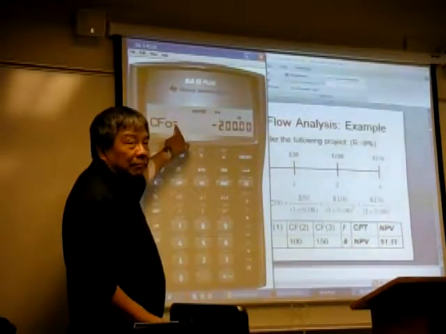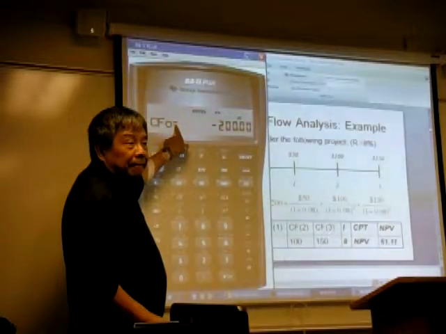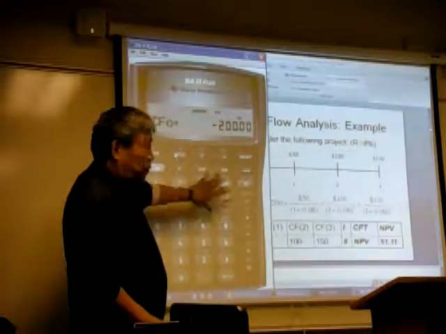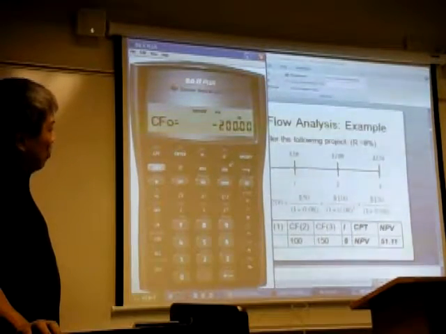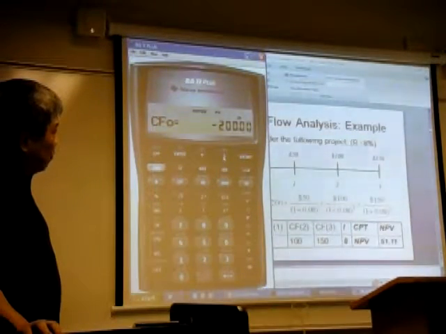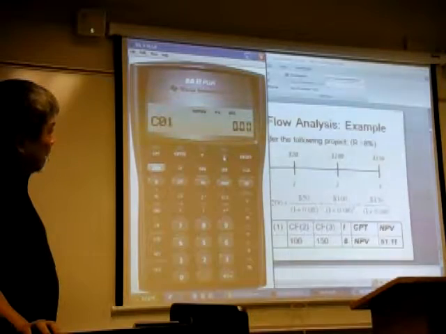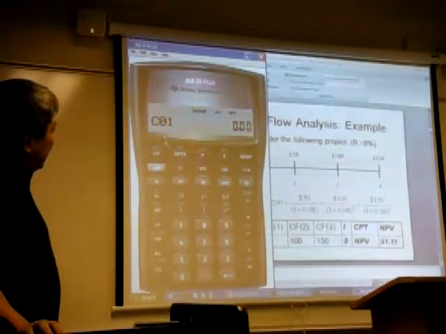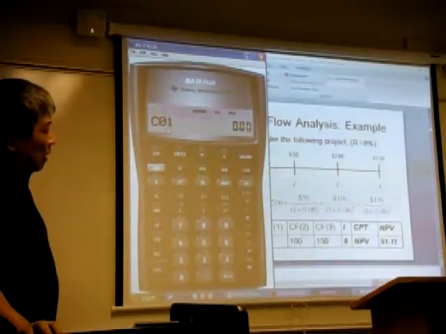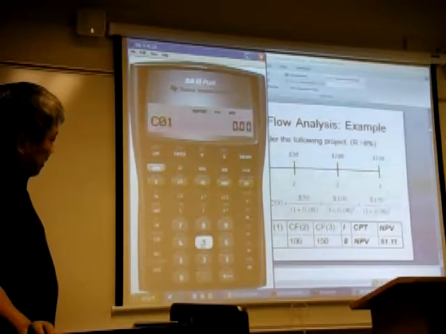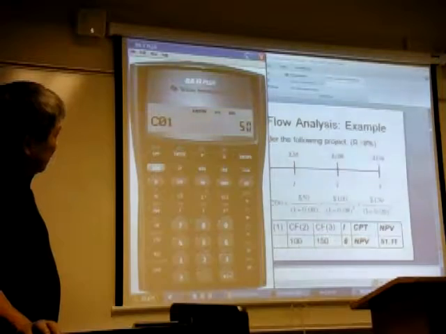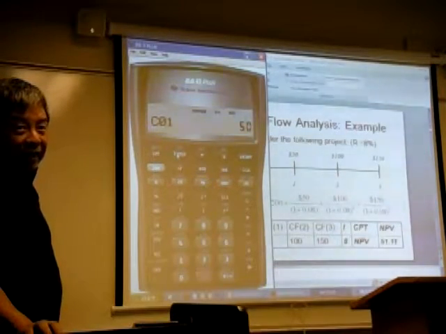See that? Now please follow along as I do this with you. For the next one, we use the arrow key. See the arrow key here? When you press the arrow key, it's asking what CF1 is. Here it is 50. You have to enter it. Enter.